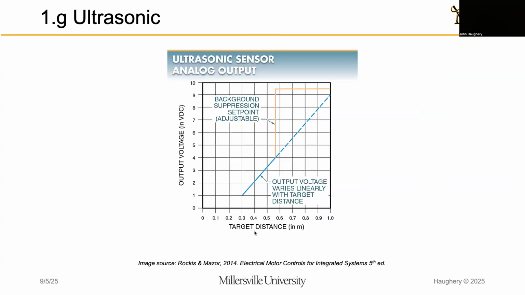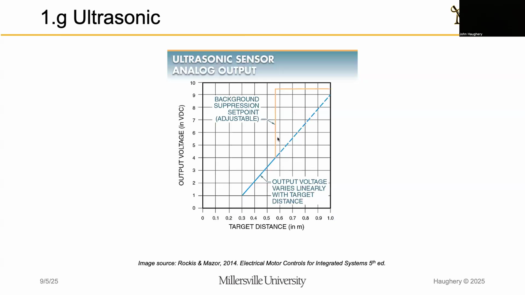Oftentimes, when we talk about ultrasonics, there is an ability to do analog, everywhere within a range. And so the distance of something from the sensor will correlate to a voltage, right? And I can have a correlation that as the distance increases, the voltage increases. I can also say I don't care about anything past a certain distance.